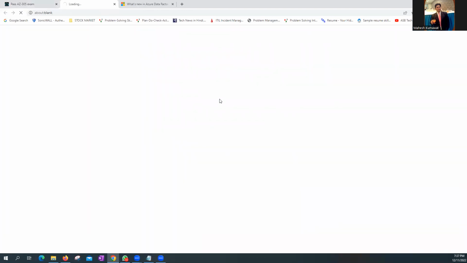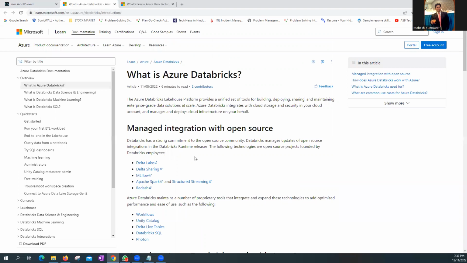Then we have different new services like Databricks right now. So why do we require Databricks from the company's point of view? Databricks is important because the platform provides a unified set of tools for building, deploying, sharing, and maintaining enterprise-grade data solutions at scale. So the fact is that Databricks is very important.